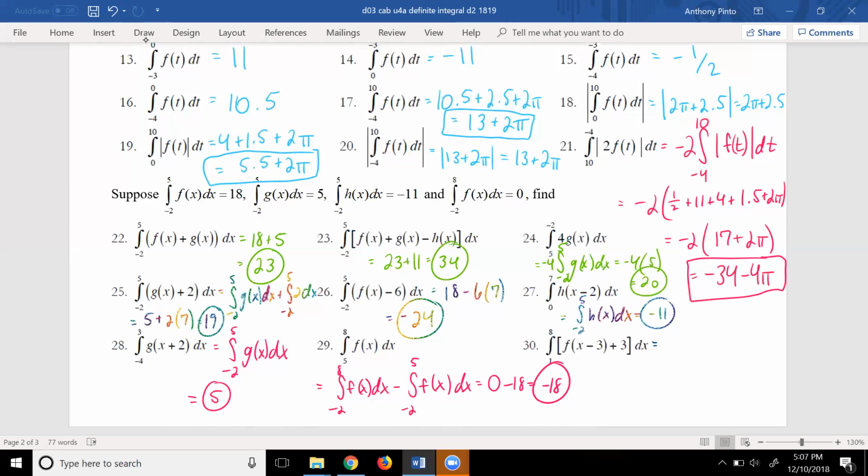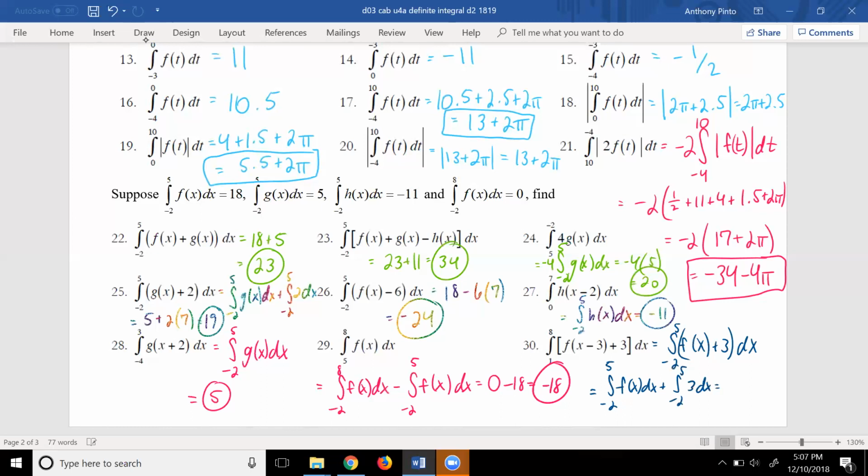So I'm going to rewrite this as the integral from -2 to 5, because remember that -3 changes the upper and lower bounds, f of x plus 3 dx. And then I can rewrite that to be -2 to 5 of f of x dx plus the integral from -2 to 5 of 3 dx.